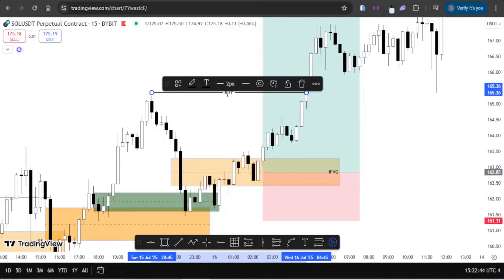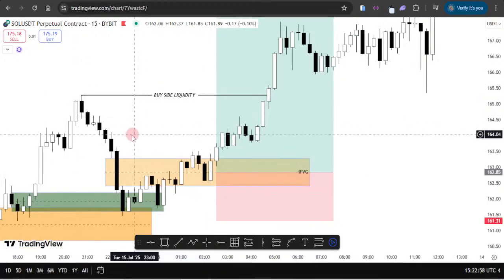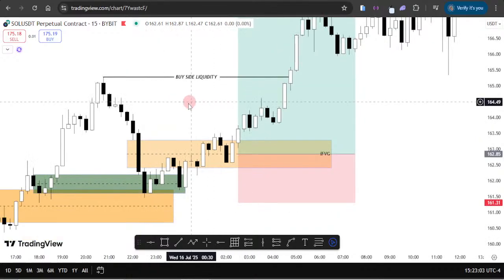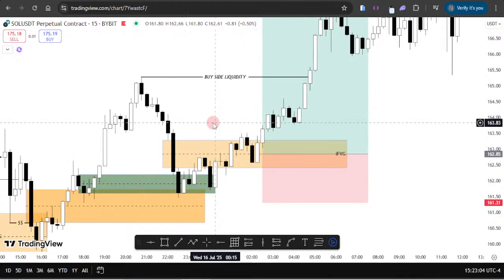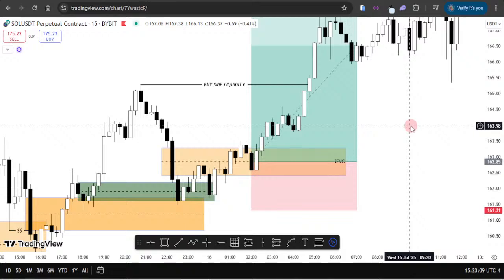This is buy side liquidity, in the form of a relative equal high. That is how I know for sure that price is going there. You have to train your eyes to see a relative equal high.